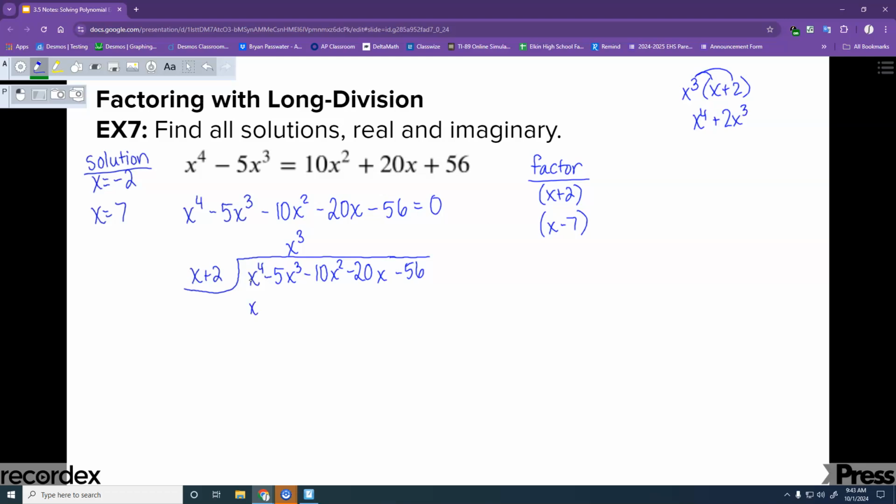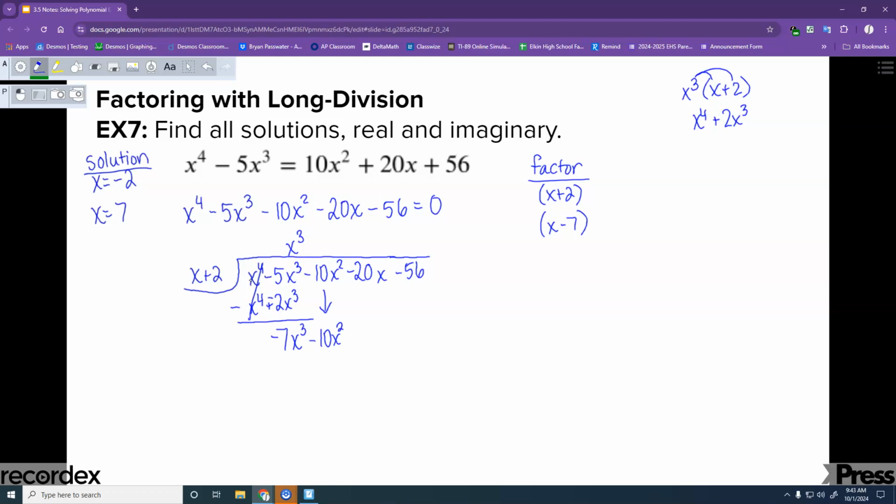That goes right here. So I'm going to subtract this. This will cancel. I'm subtracting negative 5 minus 2. It's going to be negative 7x to the third. I'm going to bring down this minus 10x squared.